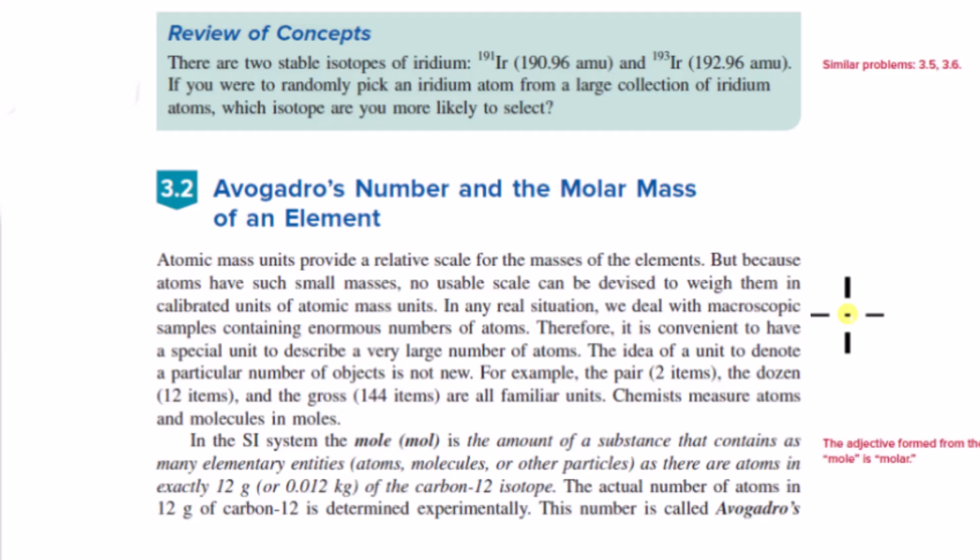Then we think about having a certain amount of this atom as a substance. It's still just that pure single atom, but now we have a certain number of grams of this atom as a substance.